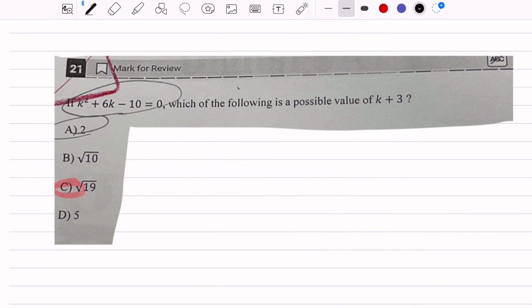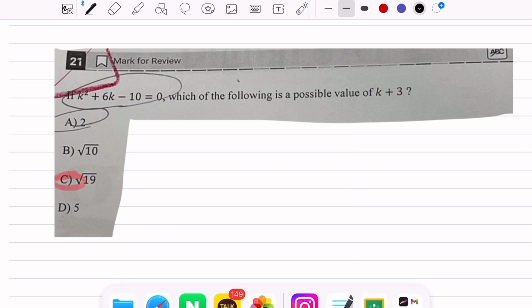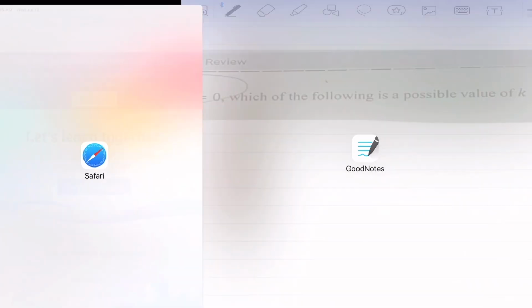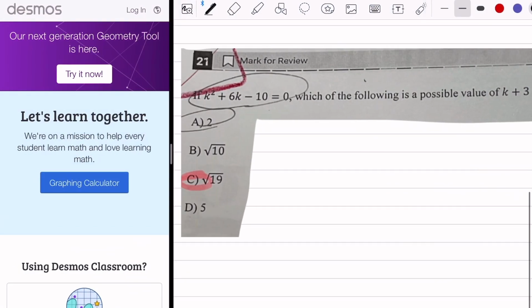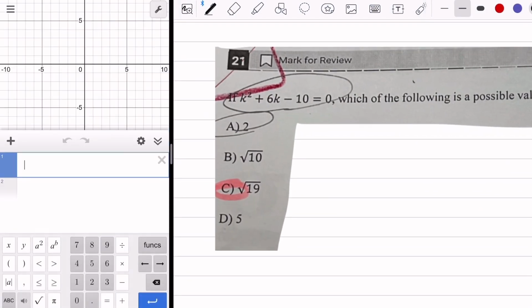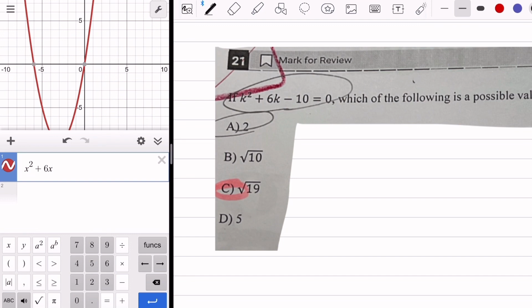Then the next question, which is 21: if k squared plus 6k minus 10 is 0, which of the following is a possible value of k plus 3? Let's put this equation in the graphing calculator, in decimals. x squared plus 6x minus 10.